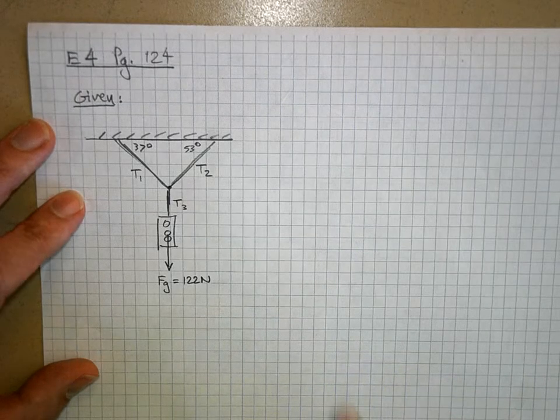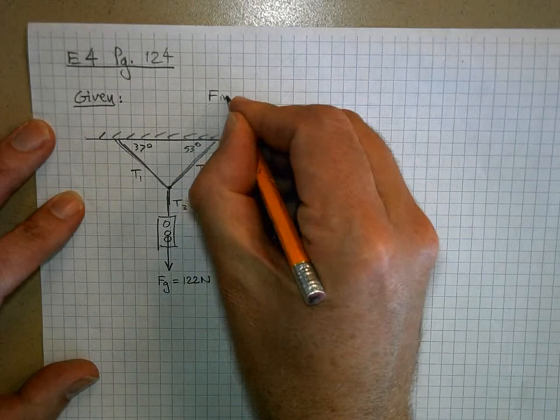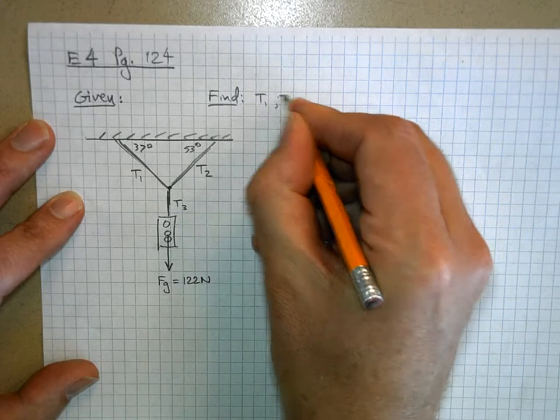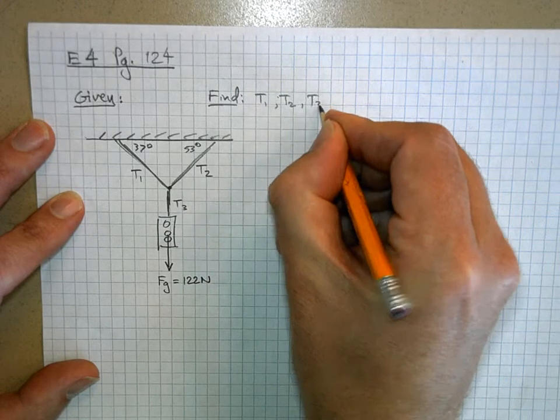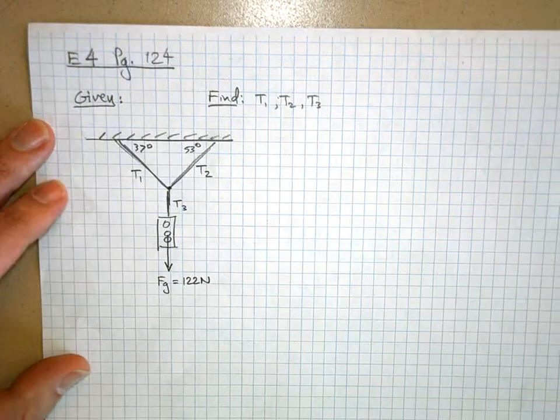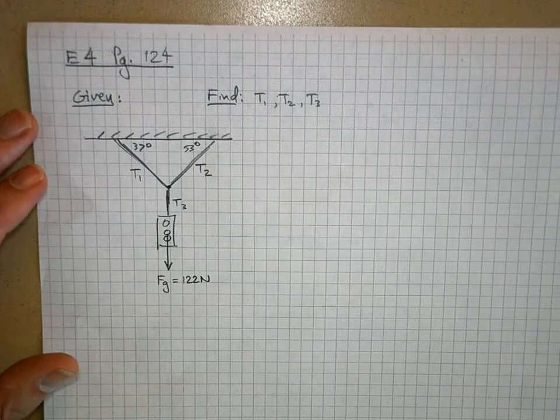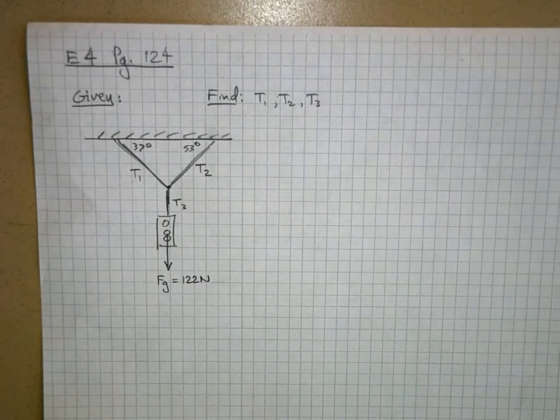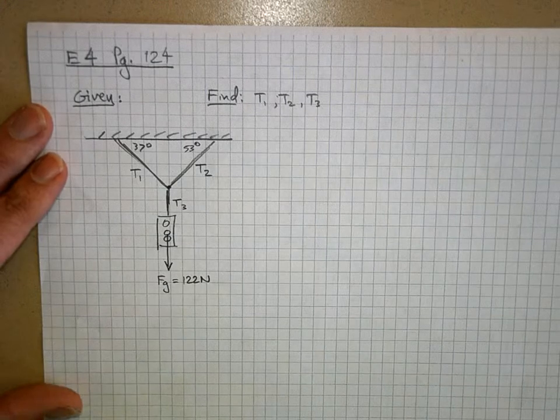And what we want to find is T1, T2, and T3. We want to know, are any of these over 100 newtons? Because if they're over 100 newtons, one of them will break. So we just want to know what the tensions in those cables are, and then we can decide what kind of cable to buy. Okay, now let's solve it.